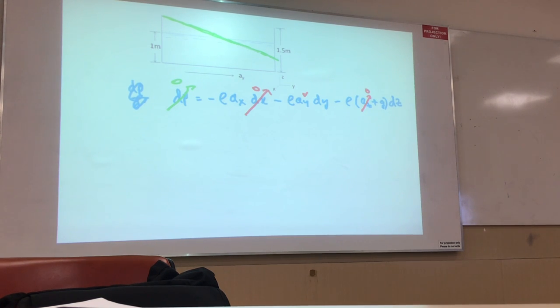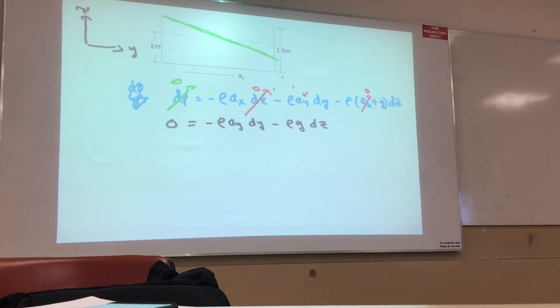So can I write this? 0 becomes minus rho AY dy minus rho G dz. Correct. In the question, this is the z direction, and that one is the y direction, right? X direction, nothing.